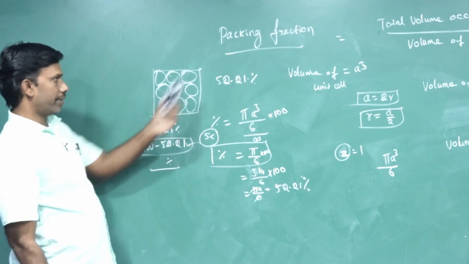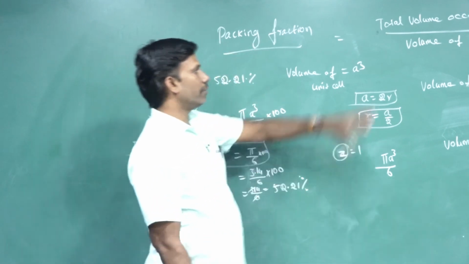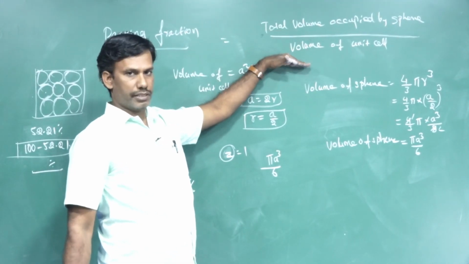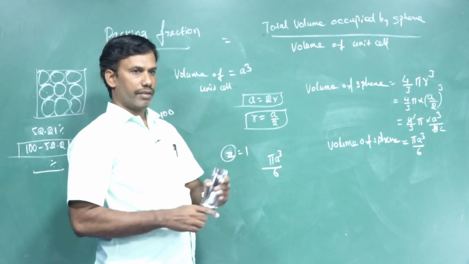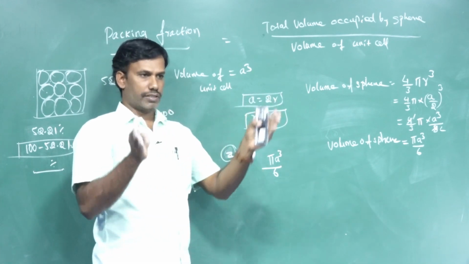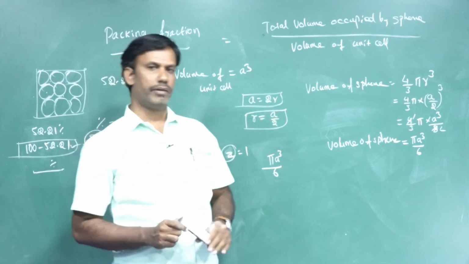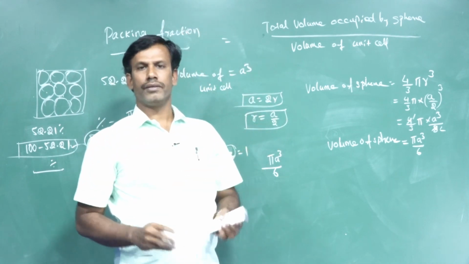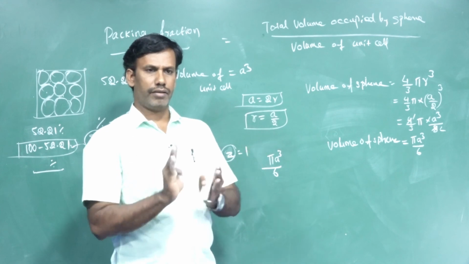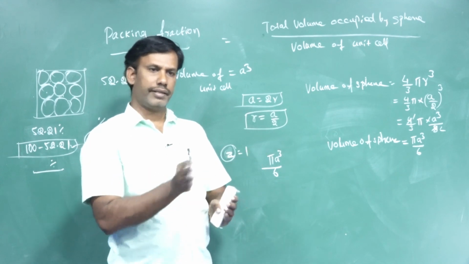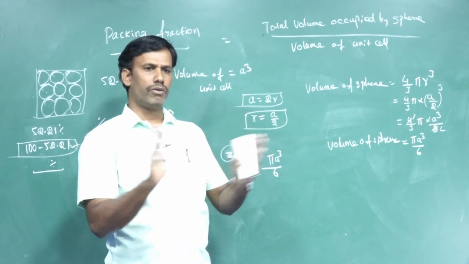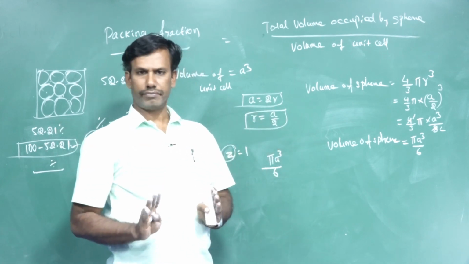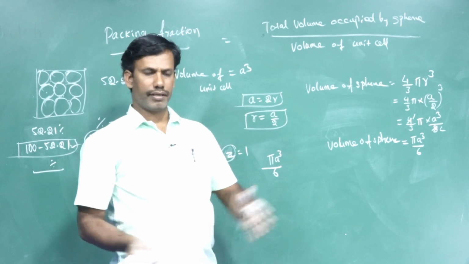Once again, packing fraction is nothing but the total volume occupied by the sphere divided by the volume of the unit cell. For the explanation, assume a box is full of space, and you fill it with balls. Say the container can hold 20 balls. After putting in 20 balls, the container is filled.